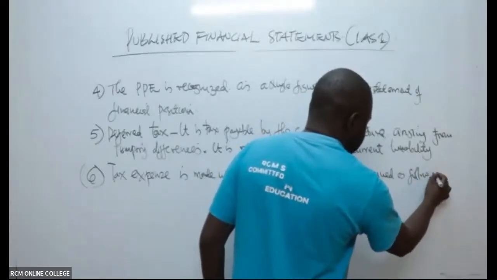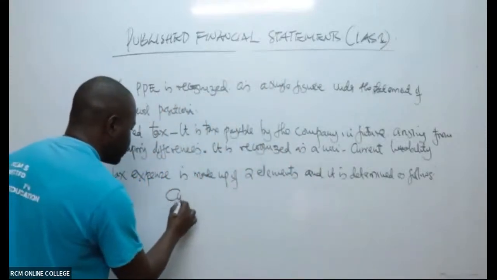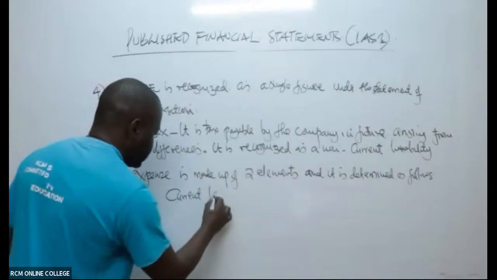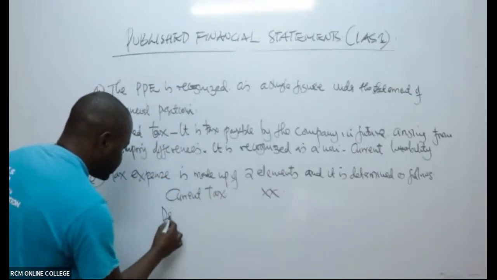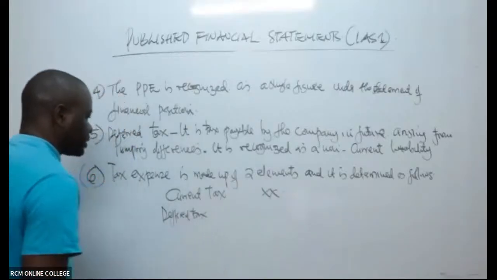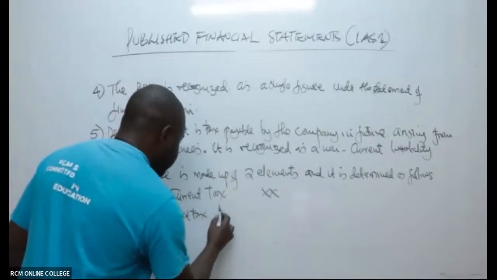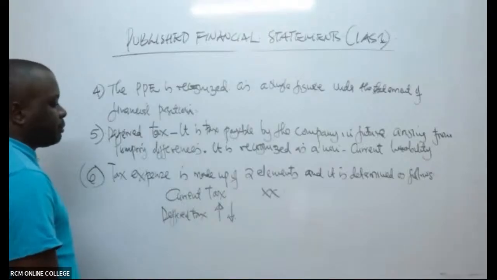Of course, you'll be given the current tax, so you take the current tax. Then you add deferred tax. It can either be an increment or a decrease.